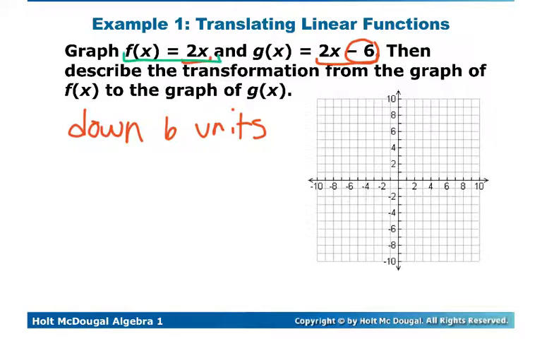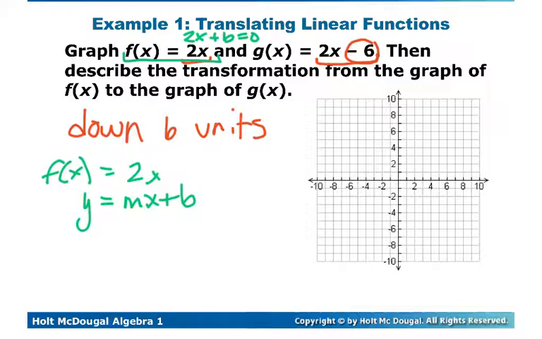So remember if we identify the b value in here, our b value is 0. That means our slope is 2, but technically it's 2 over 1, which means we'll rise 2 and we run right 1.